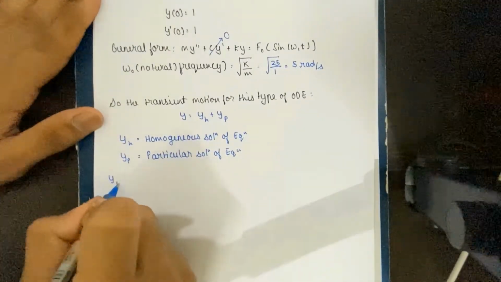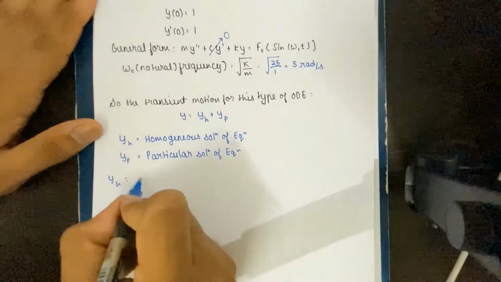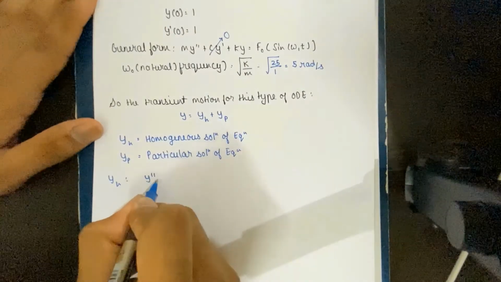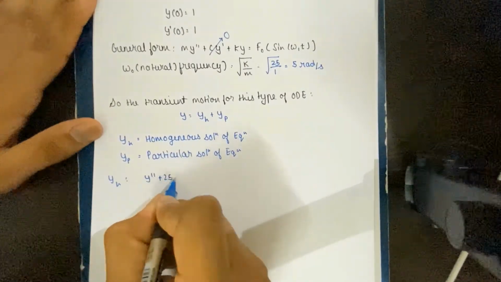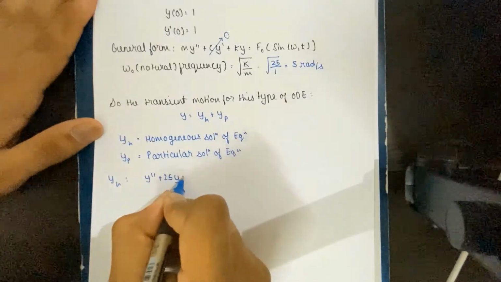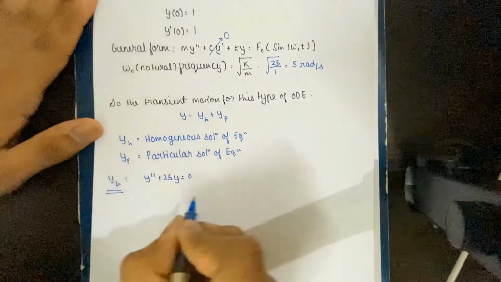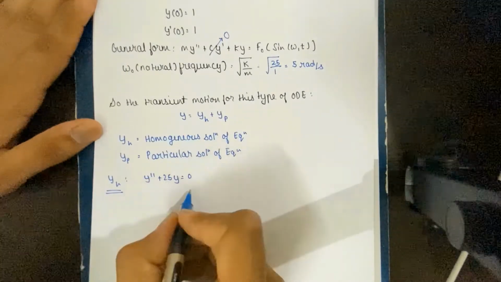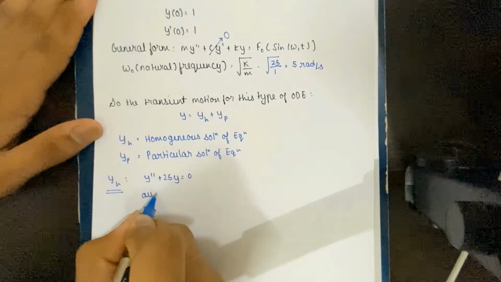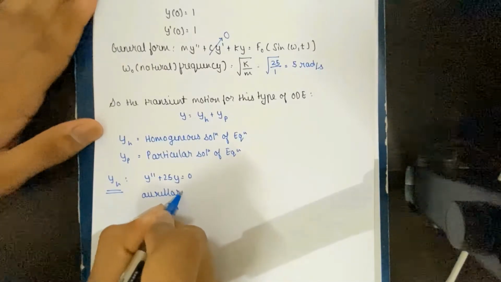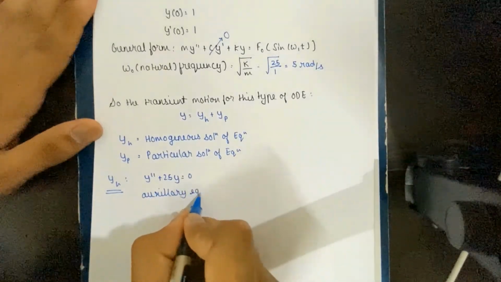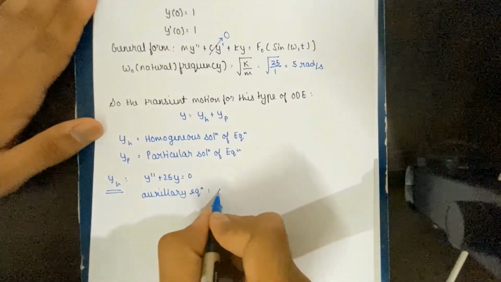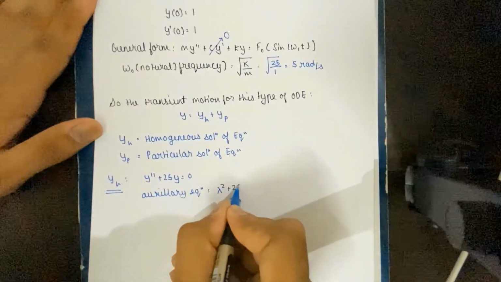So yh: y double dash plus 25y equals 0. So making our auxiliary equation, lambda square plus 25 equals 0.